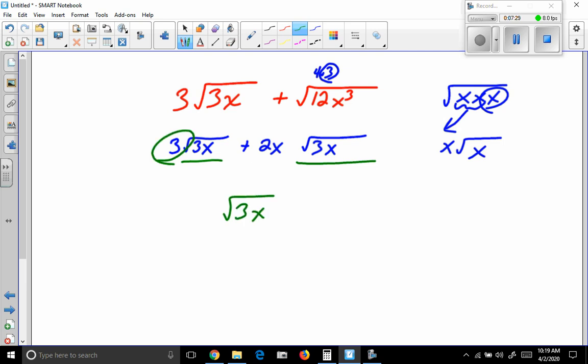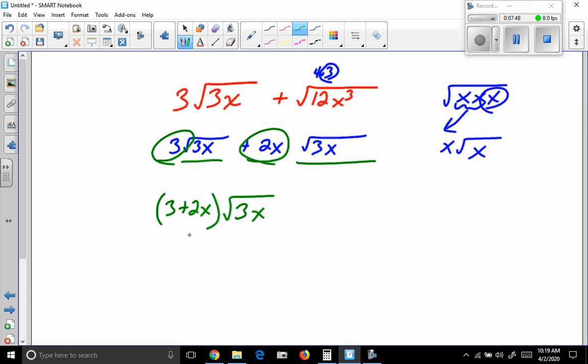But notice our coefficients are not like terms. So it is true that to combine these, we add their coefficients. We add the coefficient of this square root plus the coefficient of this square root. But 3 plus 2x are not like terms.